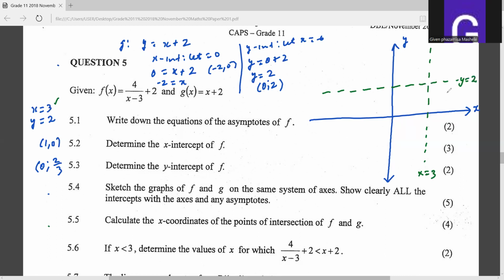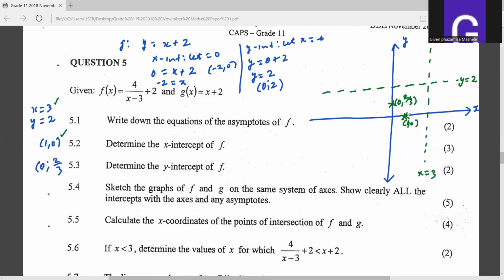Right. Let's start with the x-intercept for the hyperbola. X-intercept is 1 and 0. It will be somewhere here, and the graph will pass here. Y-intercept is 0 and 2 over 3. It's also somewhere here. It means the graph will pass here and there.